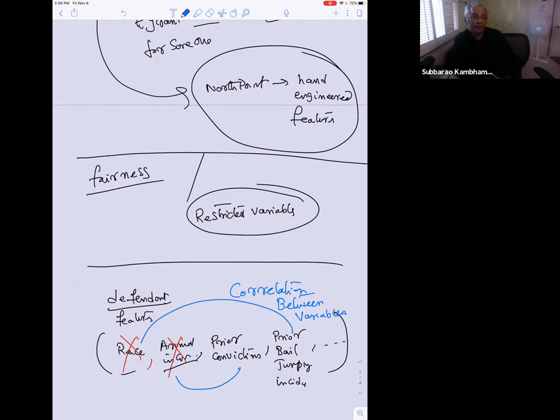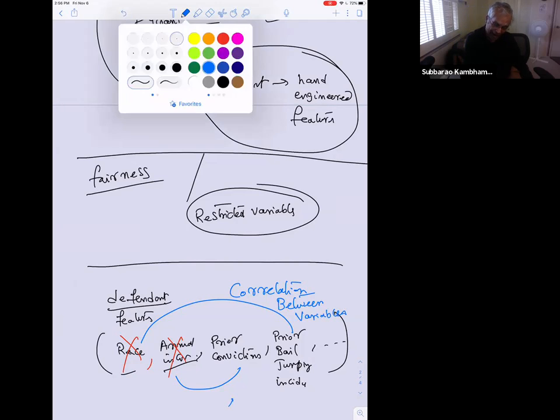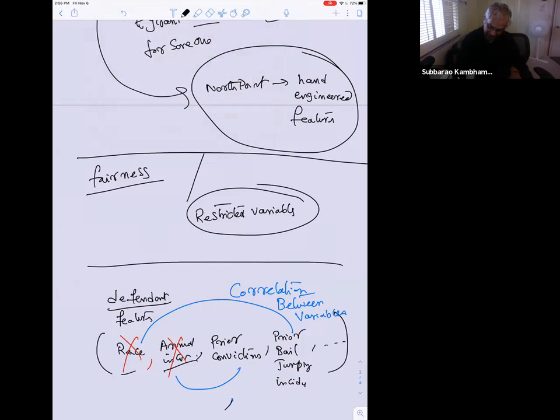Correlations between variables. For example, one of the other things you might feel is a reasonable thing to add is the area where the defendant lives. Up front, it looks non-racist, non-sexist. I mean, how can your address be giving away anything?